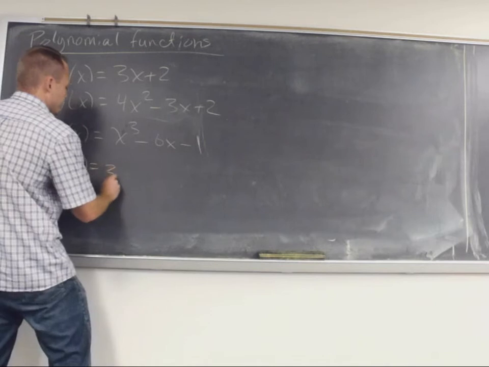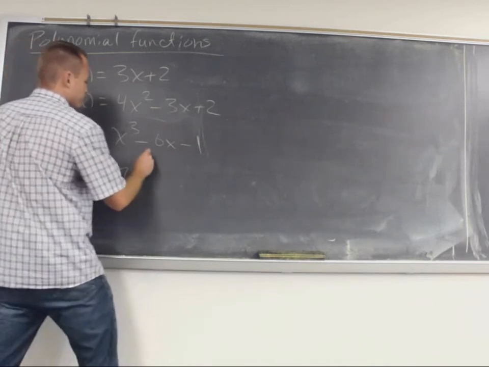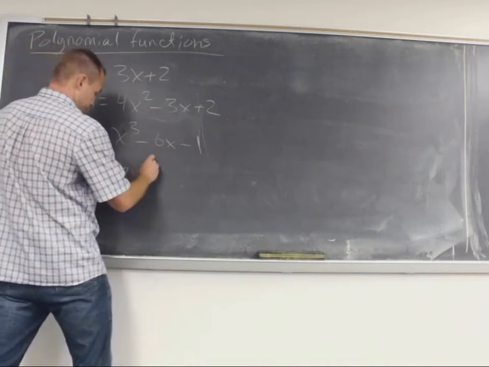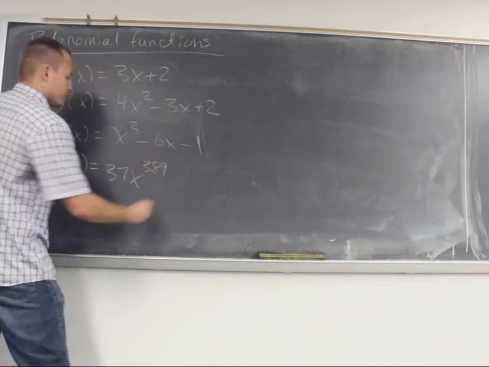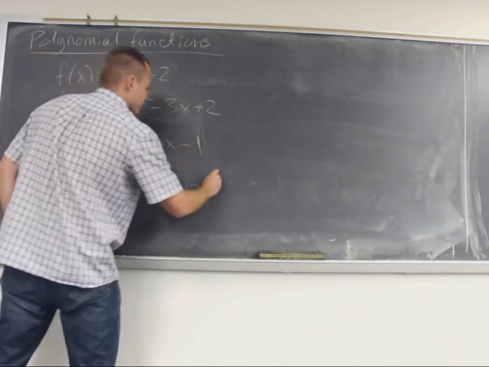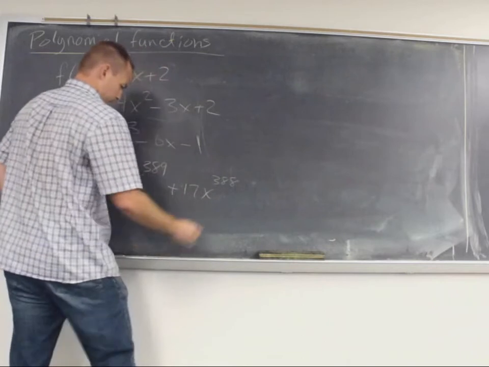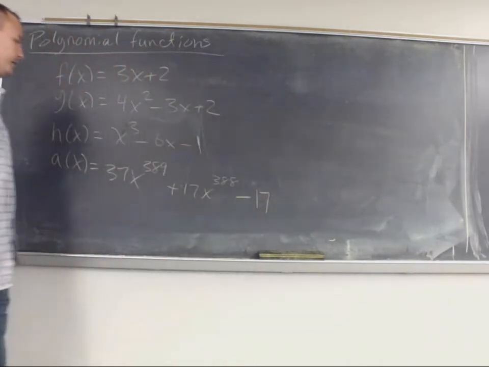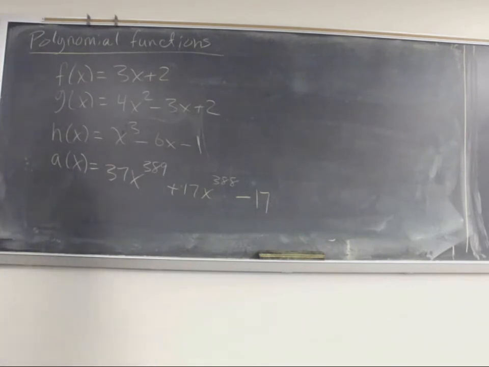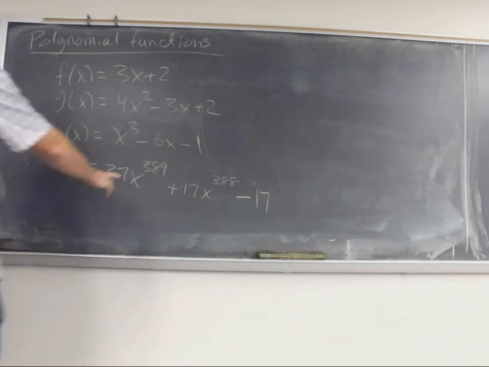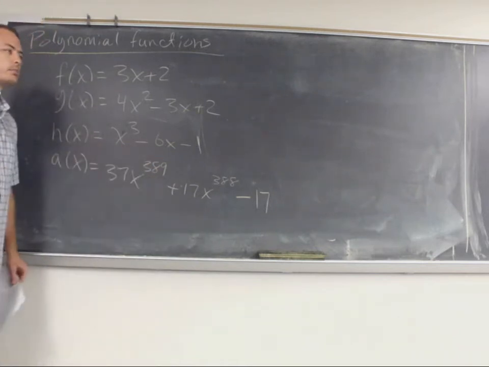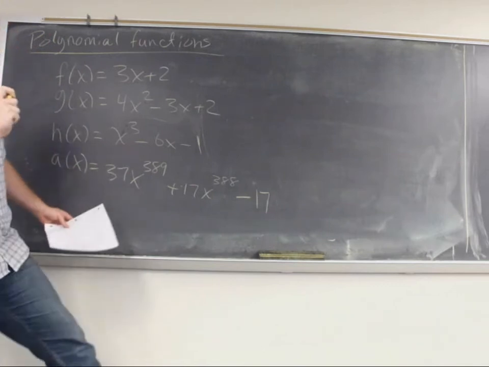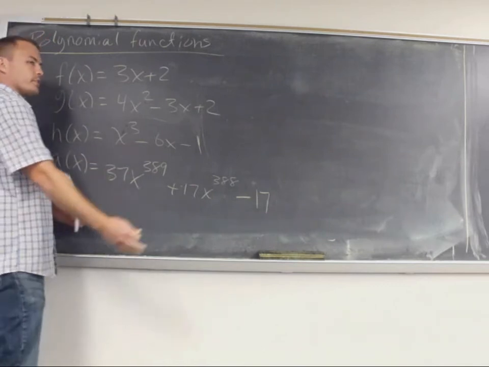We could say we have 37x raised to the, let's say, 389th power plus 17x to the 388th power minus 17. We can write these as long as we want, and it just keeps going. All these are polynomial functions. And this can be 100 million, it can be any integer that you want.